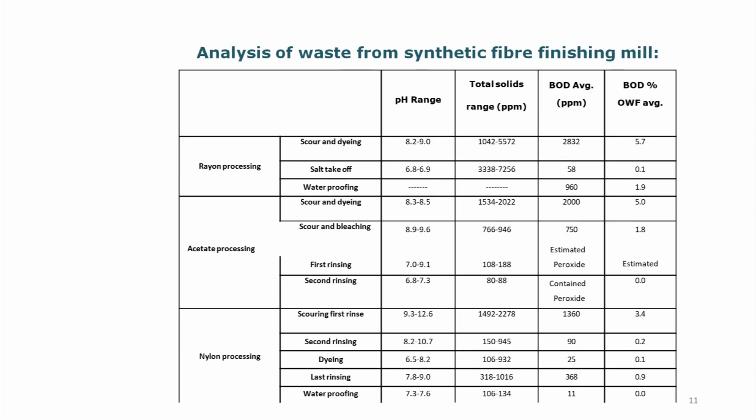If we look at nylon processing, we will see the scouring, the first rinse itself, will create so much BOD. Then the second rinsing is less, dyeing is still less. So, we see that the crucial step in nylon processing is the first scouring step, and that creates the maximum total solid range and also the maximum BOD.